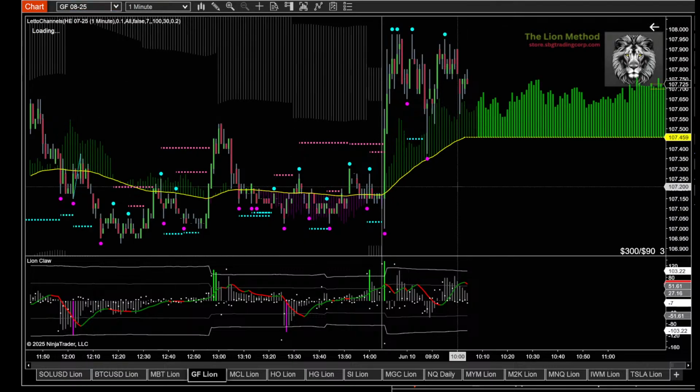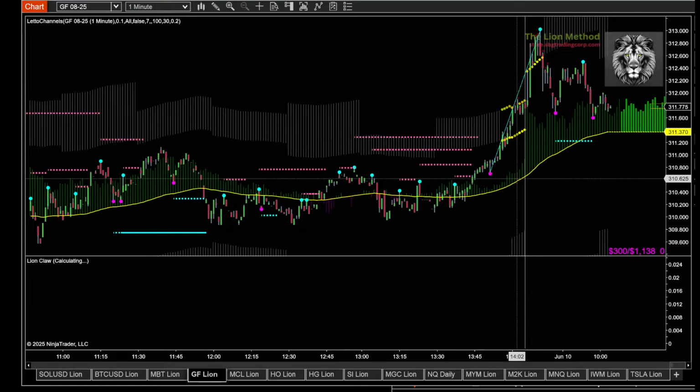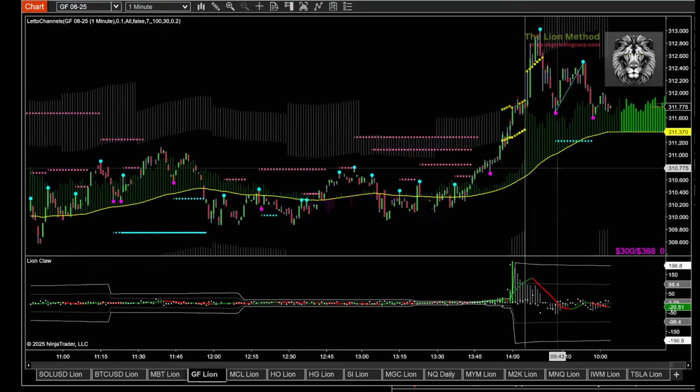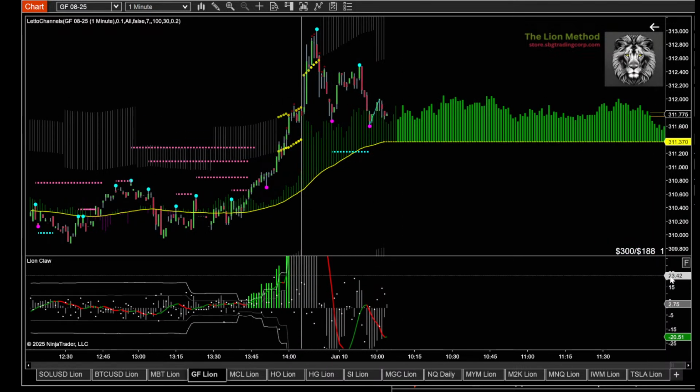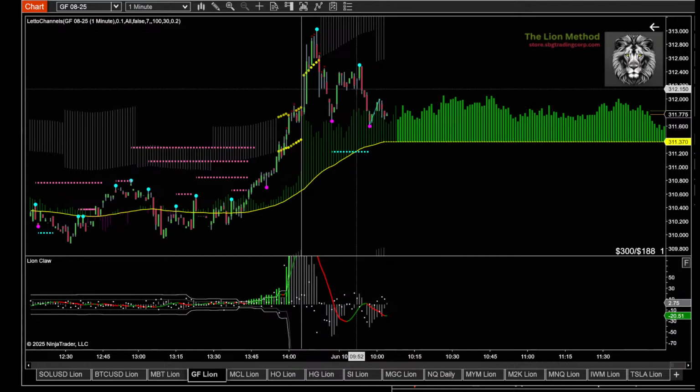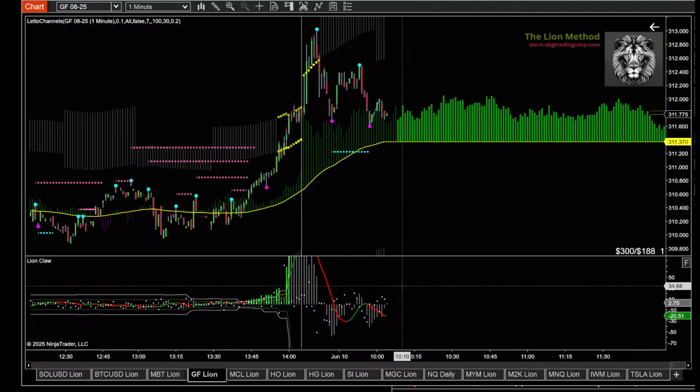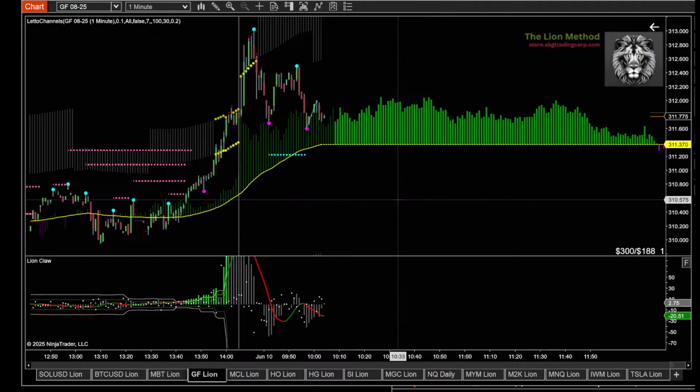Let's go back to feeder cattle now. A little more normal market. Now, this is technically a short signal. That delta is sloping up. We do have a long bias, a tendency.